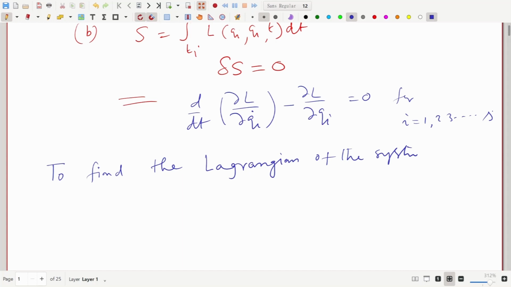So, once we can find the Lagrangian of the system, then we can find the equation of motion, which is known as the Euler-Lagrange equation.